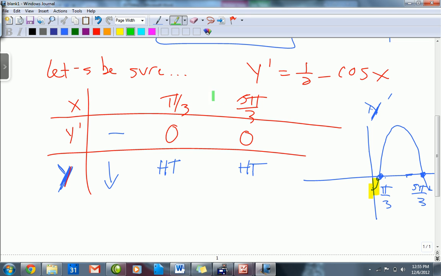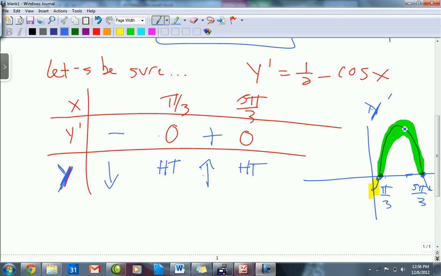From pi over 3 to 5 pi over 3, again these are x values, on this interval my derivative is positive. How do I know it's positive? Because it's wholly above the x-axis. These are all positive y values on this whole green stretch of the derivative. So that means from pi over 3 to 5 pi over 3, my function is increasing. Why? Because that's where the derivative is positive.